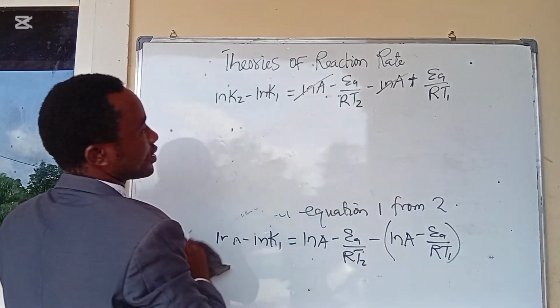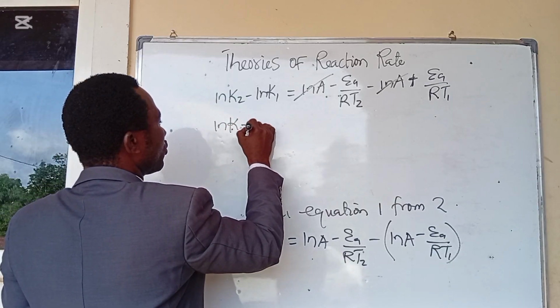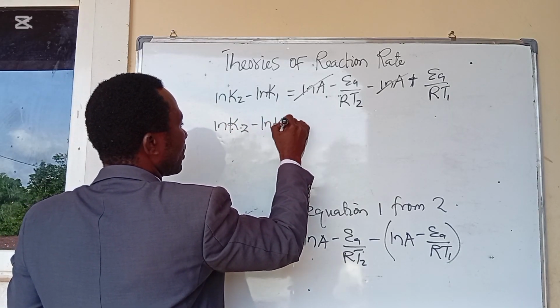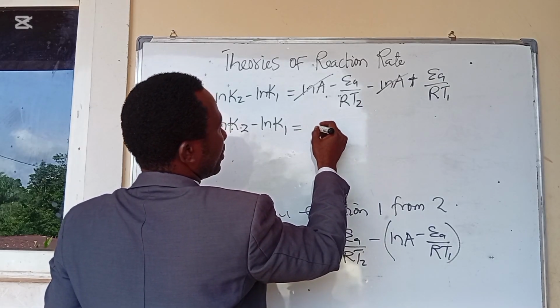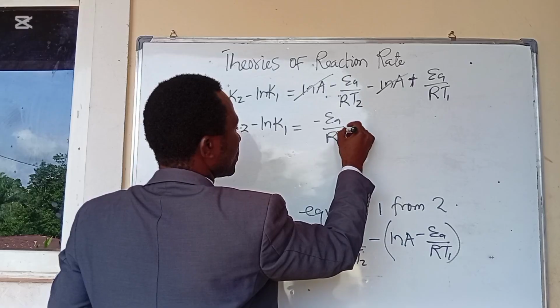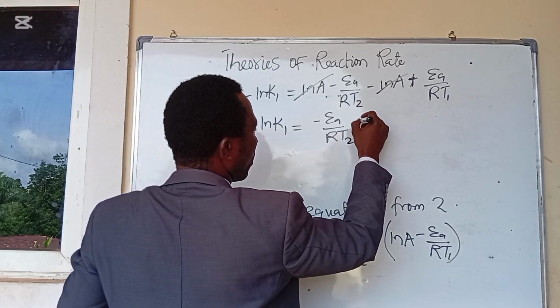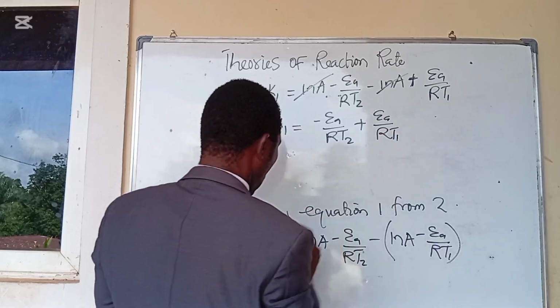So what happens is that we will be having ln K2 minus ln K1 equal to what we have left here, which is minus EA over RT2 plus EA over RT1.